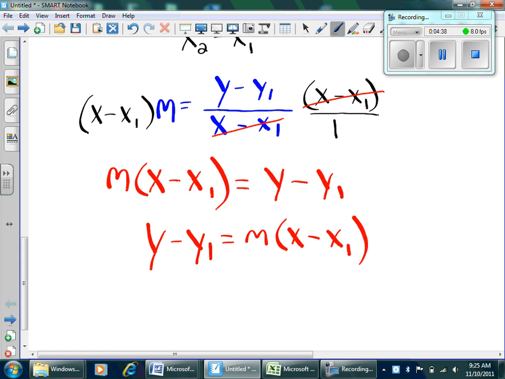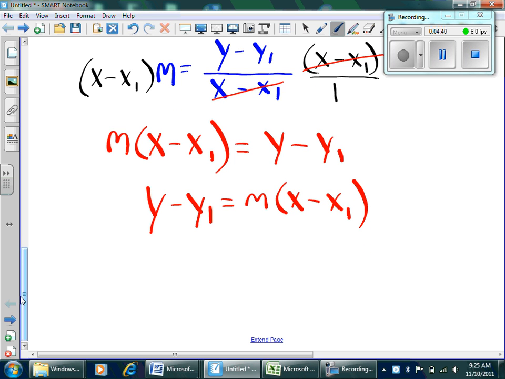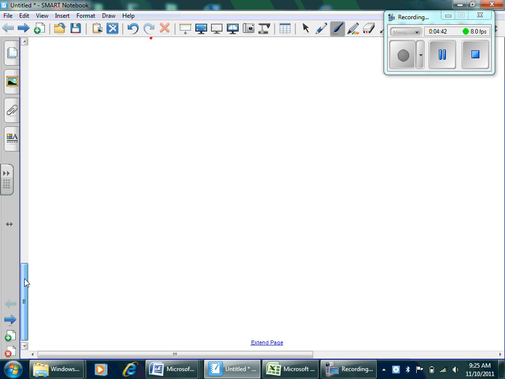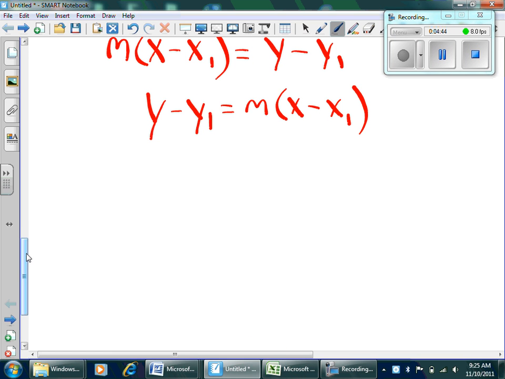If you have an equation written in this form, you know some pretty cool things. First of all, I'll bet you can tell me that this would be the slope, the number in front of the quantity. You actually also know a point.